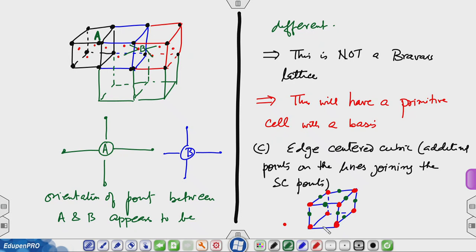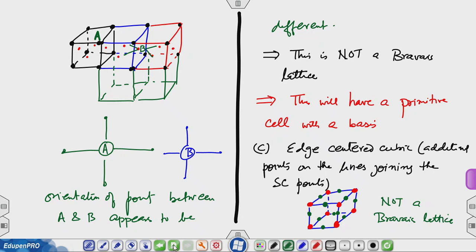And what we have to check is, about these additional points, whether the orientation is the same or not. I leave that for you. I can give you the answer: it's not a Bravais lattice. I leave that for you to check.